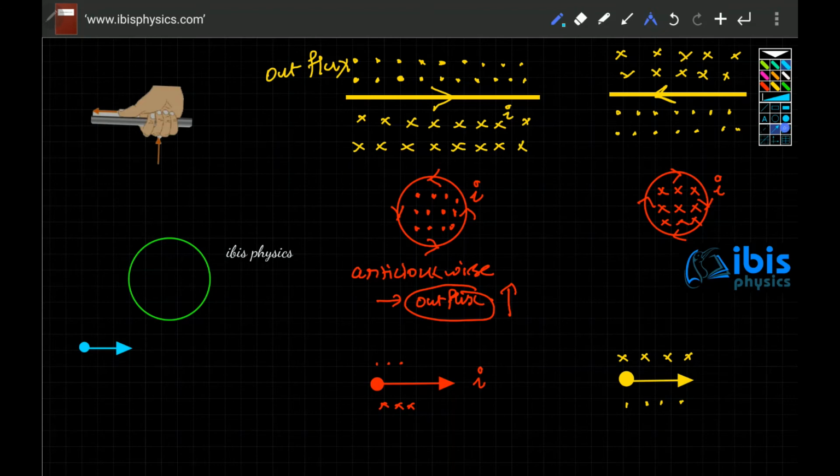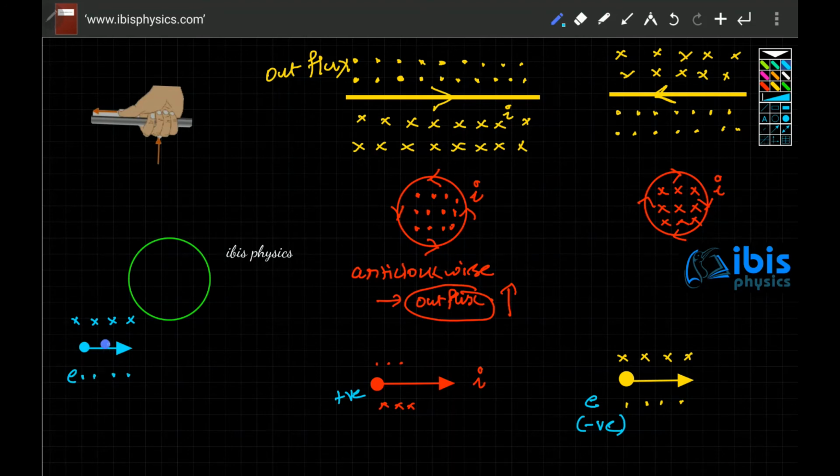So I'll write it here. This is an electron. When the negative charge goes in this direction, here it is influx, here it is outflux. When the positive charge like protons go in this direction, here it is outflux, here it is influx. So here an electron is flying by, it is negative charge. Then obviously this way the flux will come out, go in, and this way it will come out.